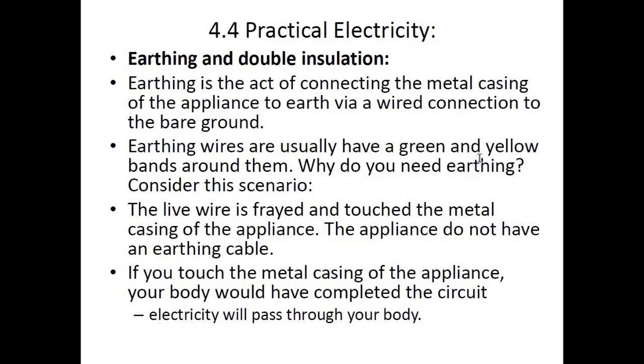Now what you do need to know is, why do you need earthing? Suppose the live wire is frayed. For example, the live wire has faulty insulation and it touches the metal casing of your appliance, a laptop, a microwave oven, a washing machine. Now the appliance has become live.